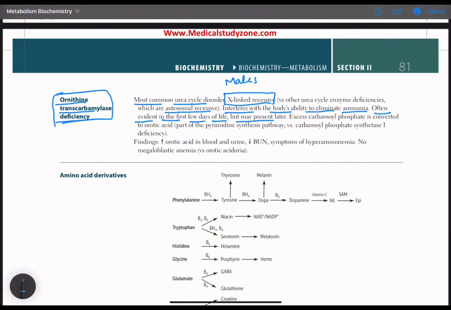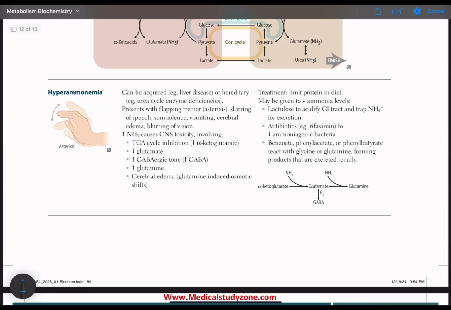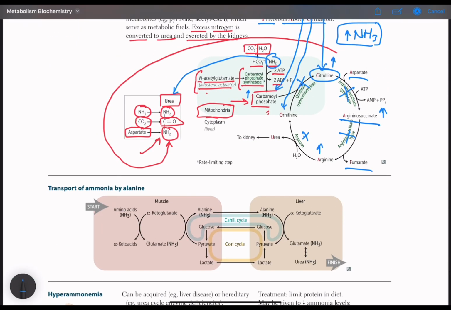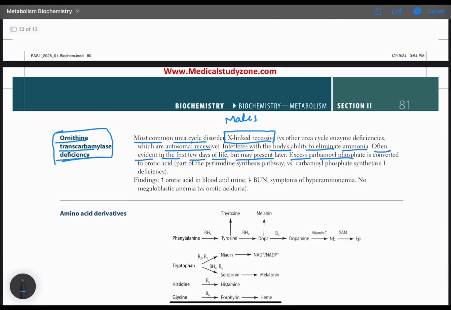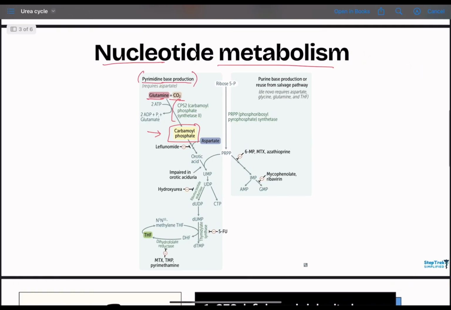The excess carbamyl phosphate, as I have mentioned earlier, in ornithine transcarbamylase deficiency, we will have high levels of carbamyl phosphate. These high levels of carbamyl phosphate are converted into orotic acid, which is part of the pyrimidine synthesis pathway, versus carbamyl phosphate synthetase 1 deficiency. If I refer again, carbamyl phosphate is the common product of both the pyrimidine synthesis pathway as well as the urea cycle.